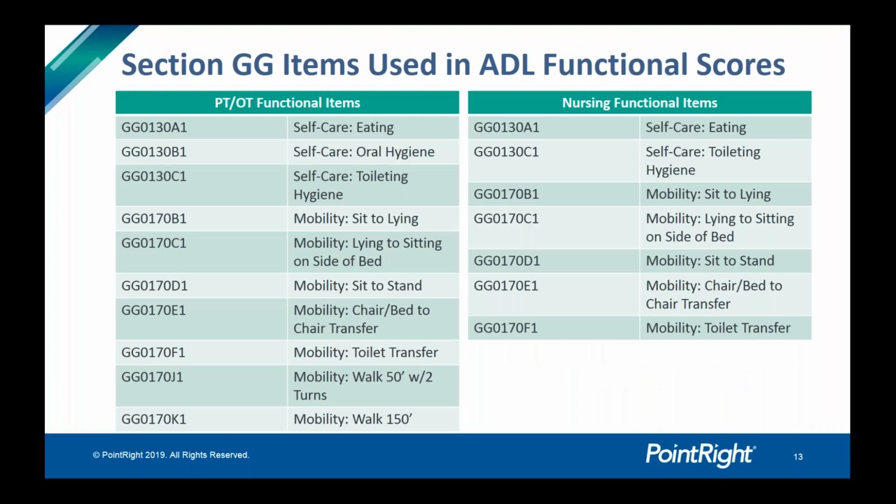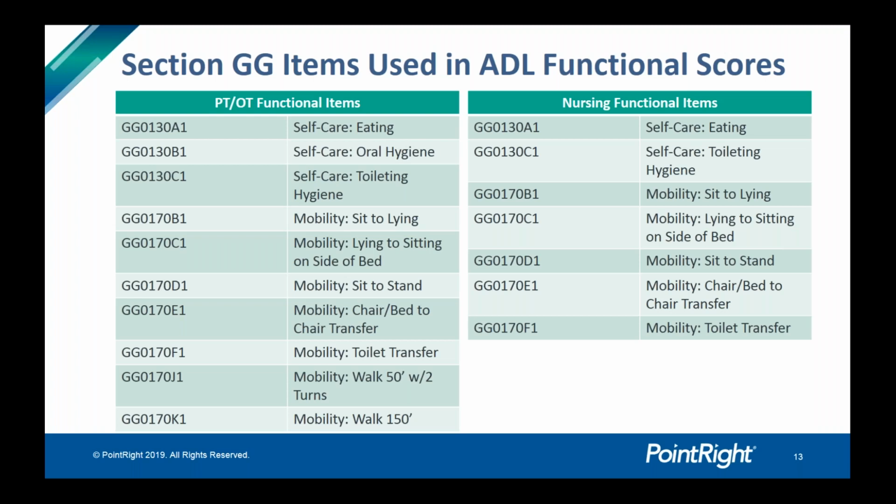Now, there are multiple Section GG items that are used in the 2 different PDPM ADL functional scores. So on the left, the same functional scores used for PT and OT, because that category is kind of combined. We are looking at 3 self-care items: eating, oral hygiene, and toileting hygiene.